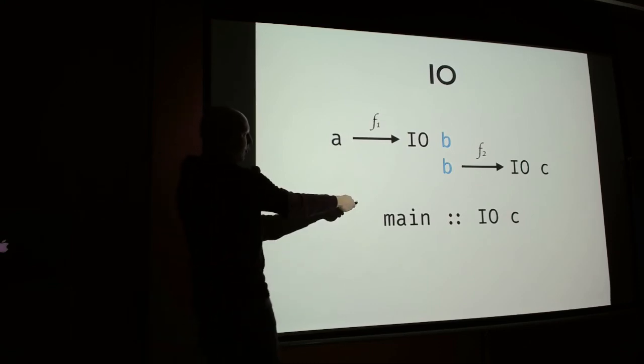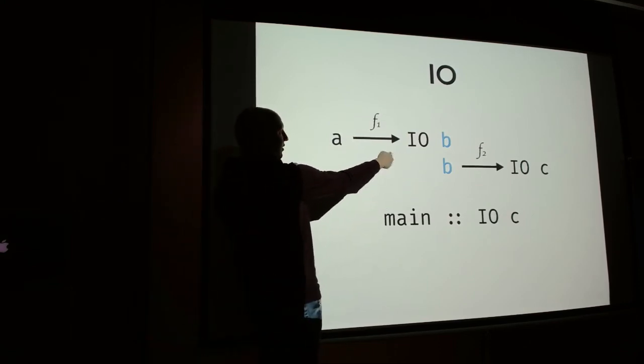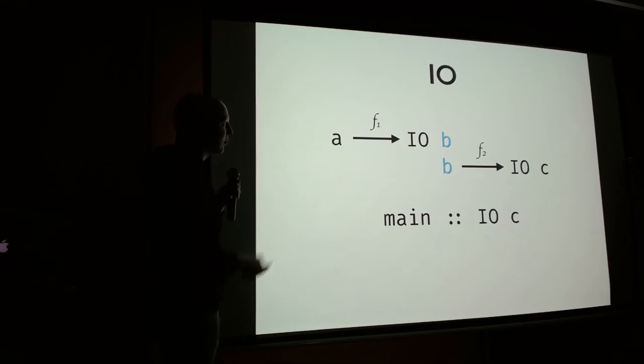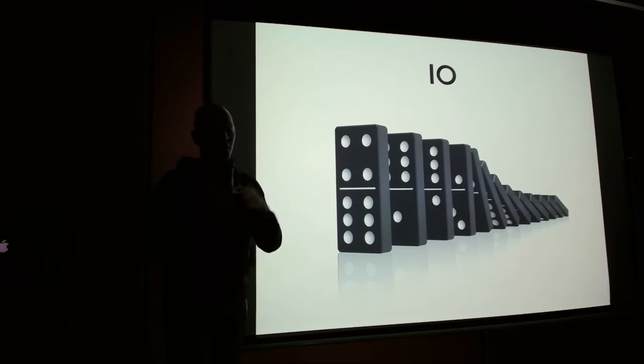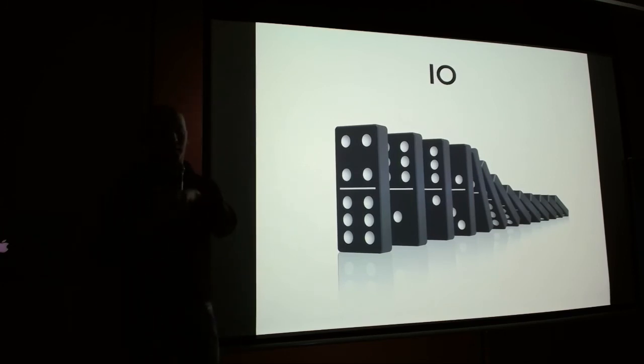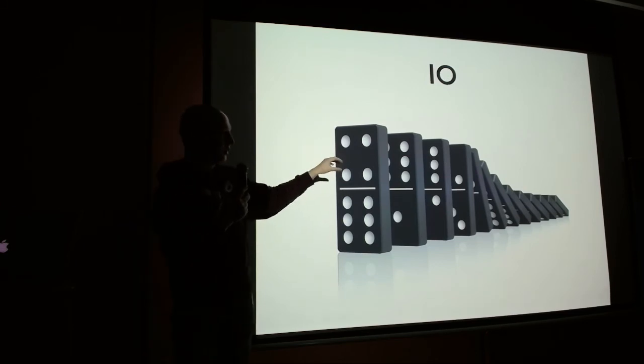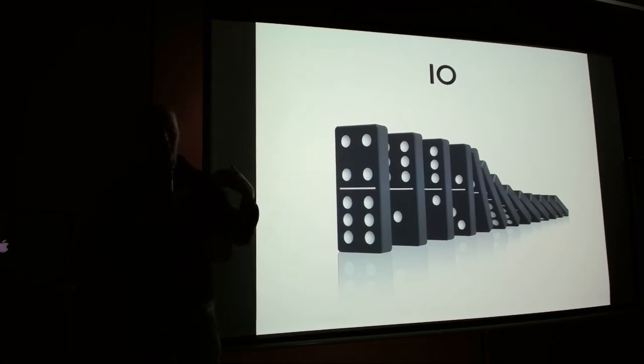And so your main program will have the type of your last effectful computation in IO. In fact, it's a really nice analogy here that what your pure program does, it just aligns those dominoes, which are deferred computations in IO.